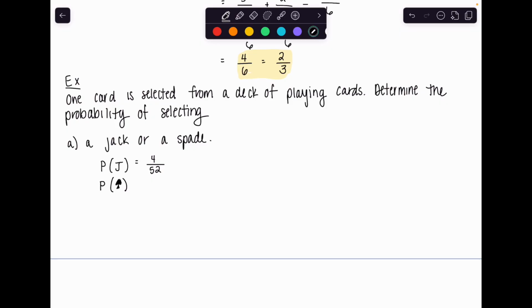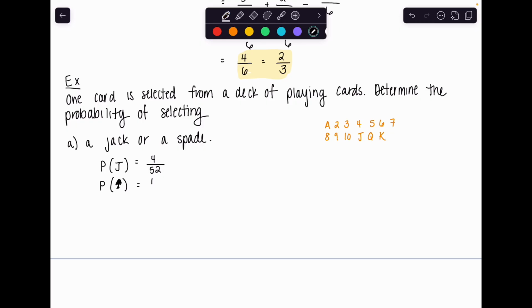But also you can go back to that chart and count up how many spades there are. If you think about all of your possible outcomes again, you got ace, 2, 3, 4, 5, 6, 7, 8, 9, 10, jack, queen, king. There are 13 cards, and you can have one of each be a spade.